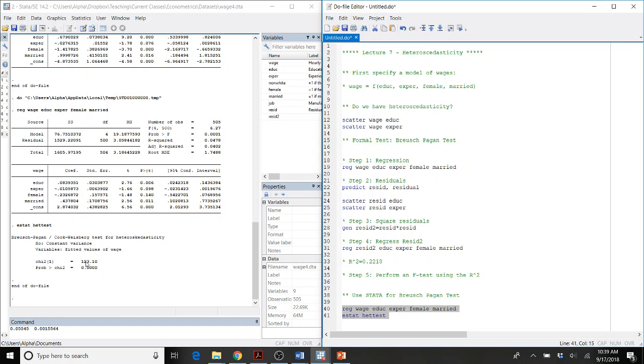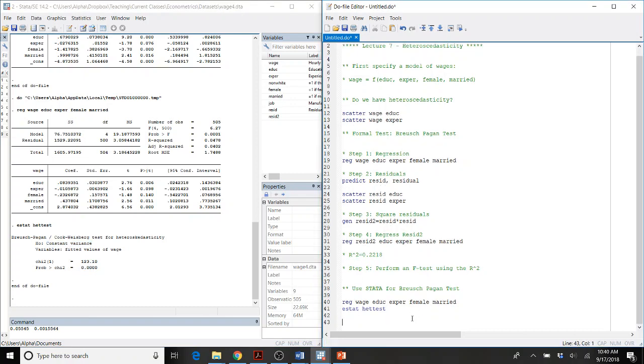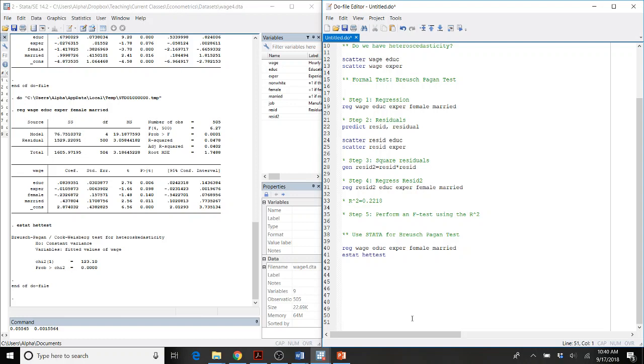Stata uses a slightly different approach, but you still just look at your p-value. Your p-value is 0.0000, very strong level of significance, and we can comfortably reject our null hypothesis. The null hypothesis is constant variance. We reject our null hypothesis. We have a lot of reason to believe that there is heteroskedasticity.